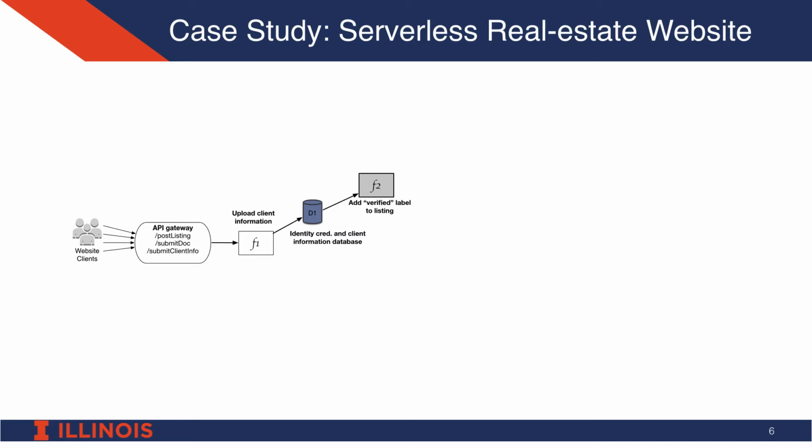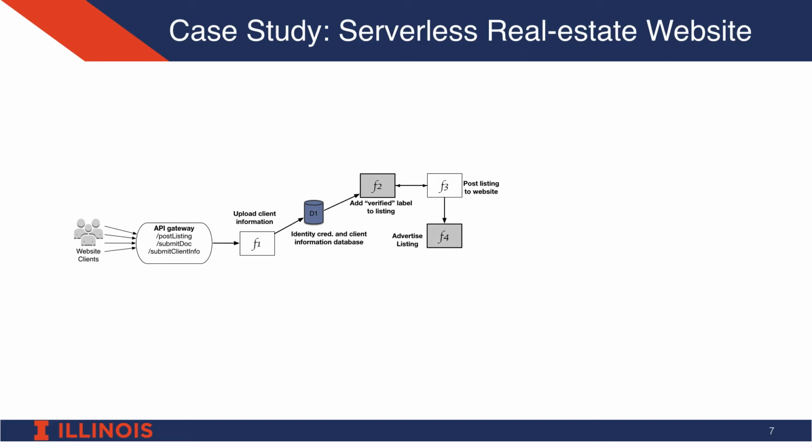The white box for F1 denotes that the application developer wrote this function by themselves, whereas grayed out function F2 is a third party function and thus it may be closed source or its behavior could be unknown.